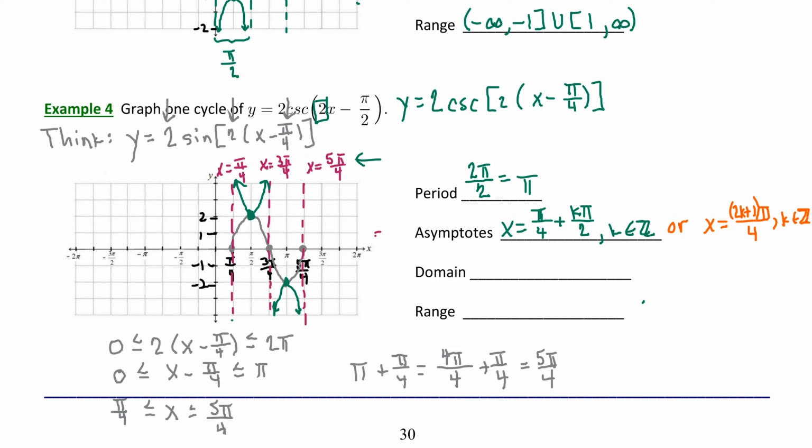Now, just to help you understand this from every perspective, another way to see that these are equivalent is to start with this one, pi over 4 plus k pi over 2, and add them together with a common denominator. If I get a denominator of 4 for that second fraction, I've multiplied the denominator by 2, so I need to multiply the numerator by 2.